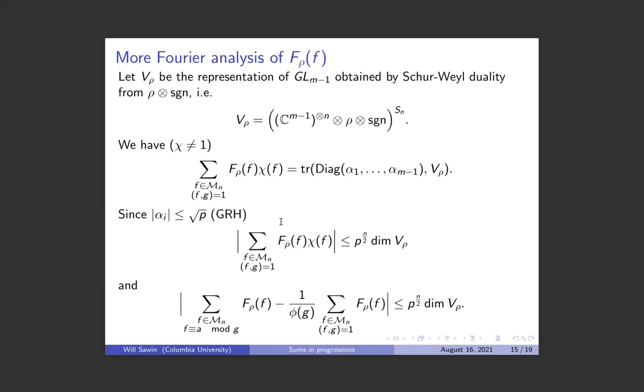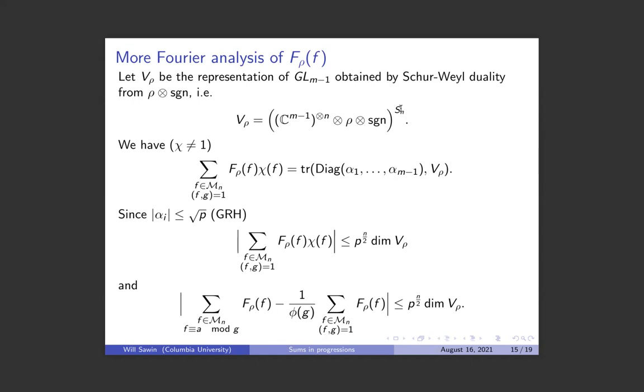So let me try to say that concretely, although slightly messily. We can make a representation of GL_{m-1} from rho by taking this m-1 dimensional vector space that GL_{m-1} acts on, taking the nth tensor power, so the symmetric group S_n acts on it by permuting the factors, and then tensoring with rho and tensoring with the sign representation of the symmetric group, and then taking S_n invariants.